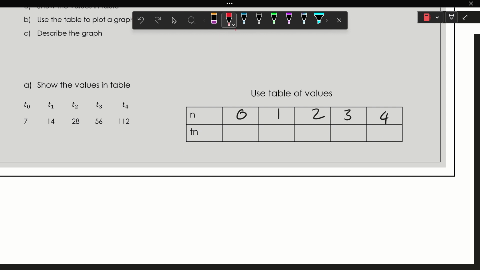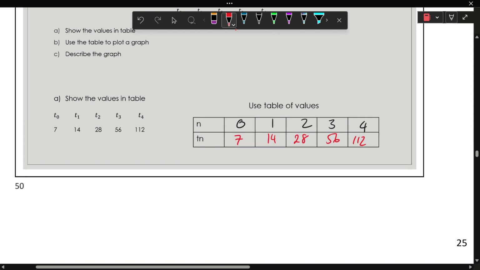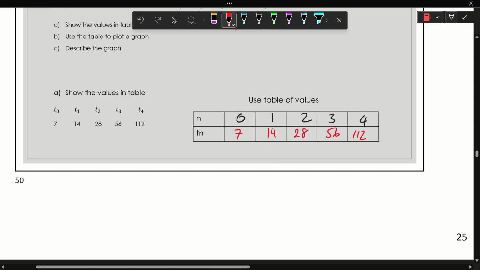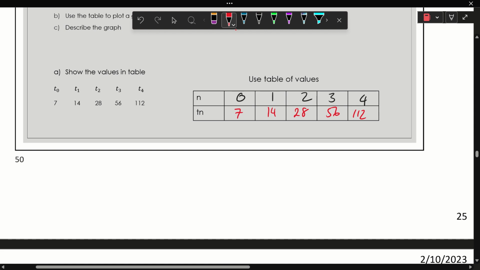So for T0, it's 7. T1 is 14. 28 for T2. 56. And then 112. Right, listening, please. All right, that's not hard. Yeah, just fill in the table. Make sure you remember it's the same as arithmetic.